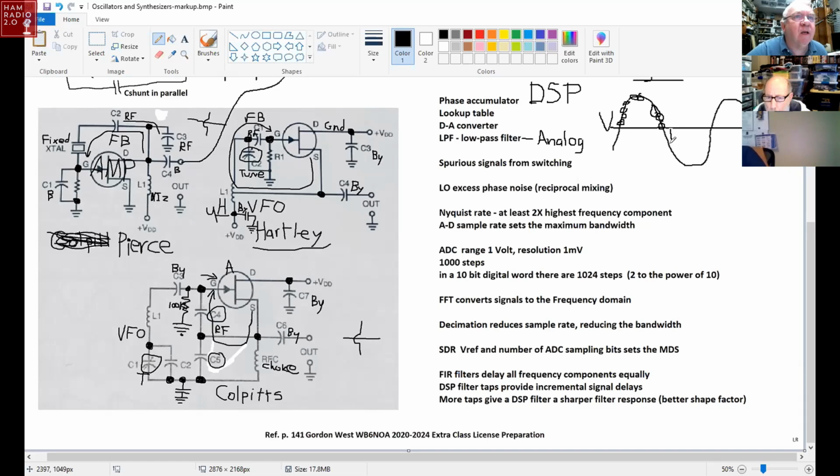Another method of doing a DSP synthesizer is you have a lookup table. Lookup table can be contained in memory, in digital memory, and you use an oscillator to step through the addresses for each of the digital words. And I built one like this before I even knew what digital signal processing was. And all it does is you take samples, you calculate samples, it's all mathematics, of the sine wave, the voltage of the sine wave. So each of these points on the sine wave has a voltage. You store those in digital memory.